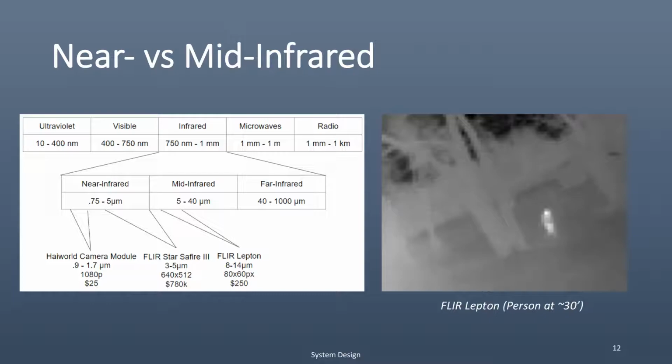For example, just looking at these cameras shown on the chart, you would expect that for image processing you would want to select a higher resolution camera, especially when you're looking at objects at range.